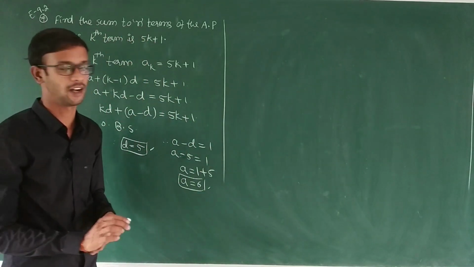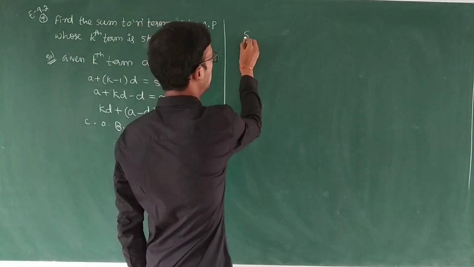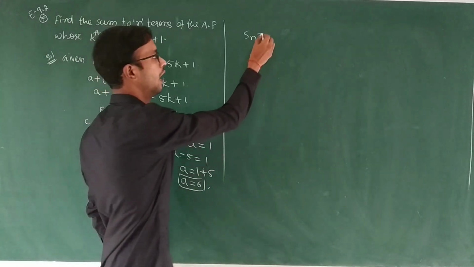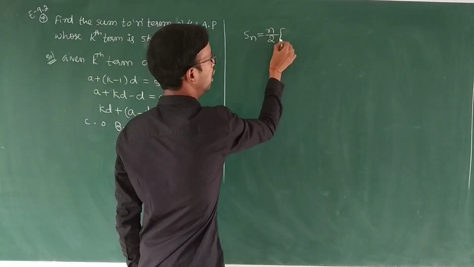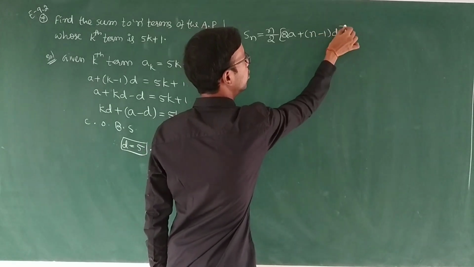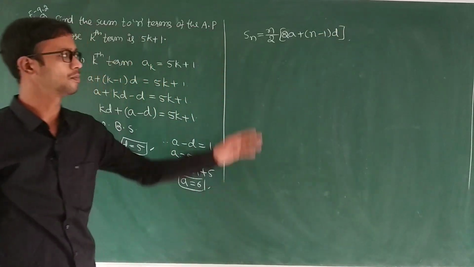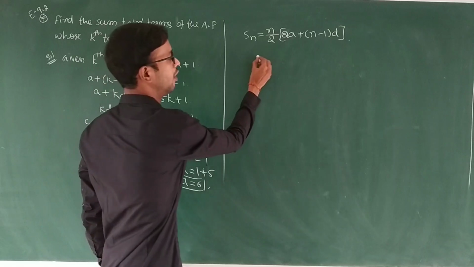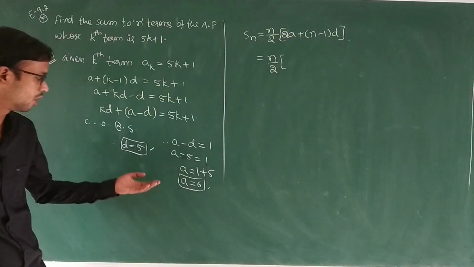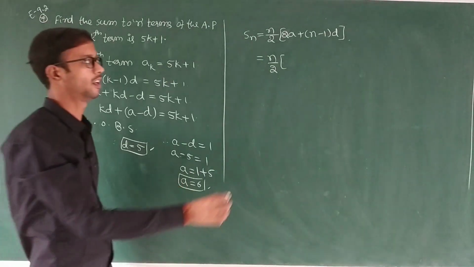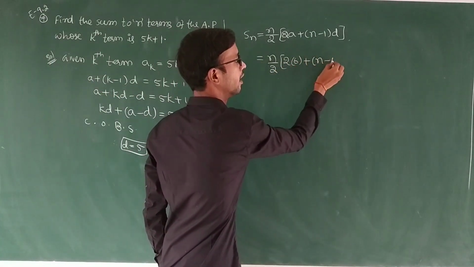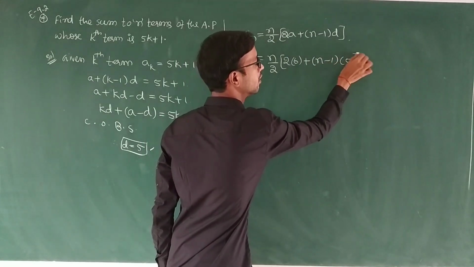The sum of n terms in the AP. The S_n formula: S_n is equal to n by 2 into (2a plus (n minus 1) into d). Just substitute here. We don't know the n value, so keep it like that. The a value is 6, and d is 5.